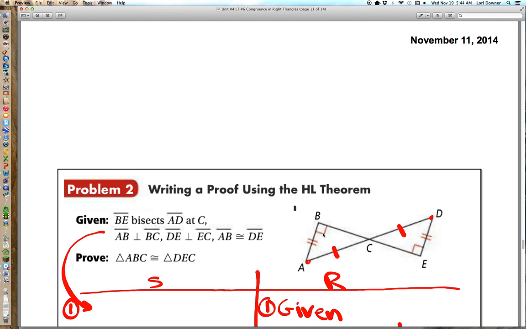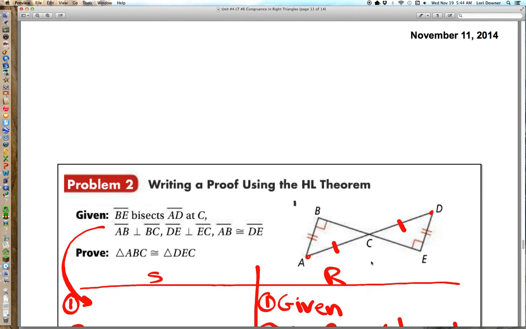We've got right triangles, so we might want to think hypotenuse-leg. And what AB and DE are is they are two legs of these two right triangles. So what I would need is to get the hypotenuses congruent. And in this case, we can say that the hypotenuses are congruent because BE bisects AD at C. And when you bisect, you cut in half.